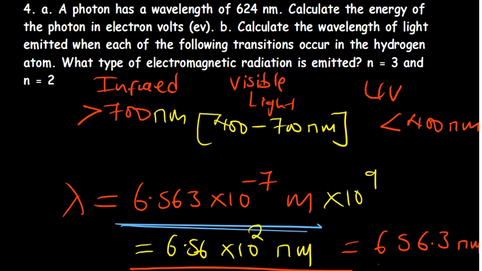Looking at this value, it's between 400 and 700, so we would conclude this is visible light. If it was greater than 700, we would say it's infrared, and if it was less than 400, we would say UV. Okay.